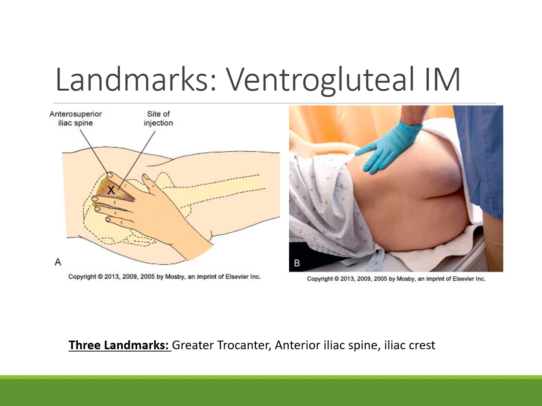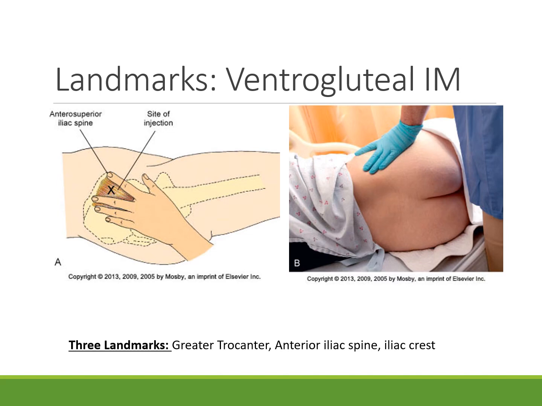The first muscle that is commonly used is called ventrogluteal muscle. Now, in this illustration, it teaches us where to locate ventrogluteal muscles.